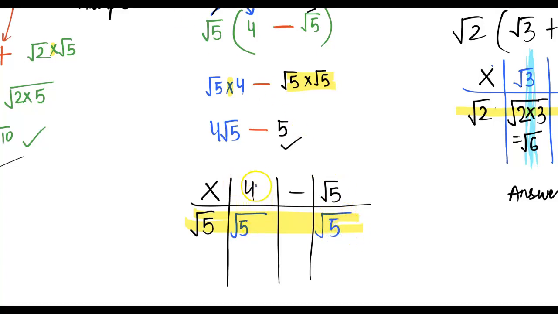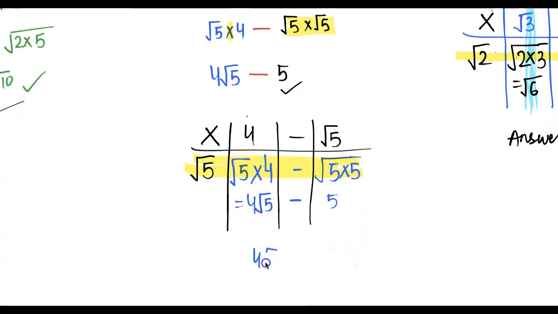Now multiply the numbers. Because 4 doesn't have a root, don't write it inside the surd. Root 5 times 4 is 4 root 5, and root 5 times root 5 gives you 5 only. The operator is negative, minus. So the final answer we've got is 4 root 5 minus 5.